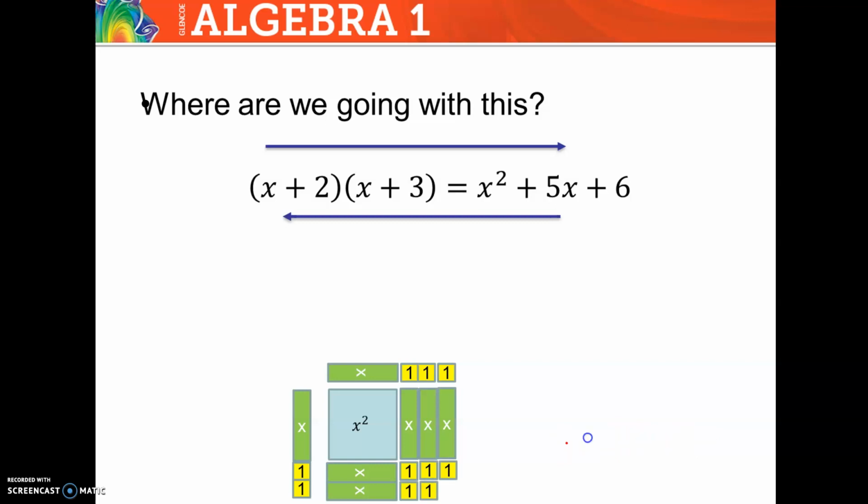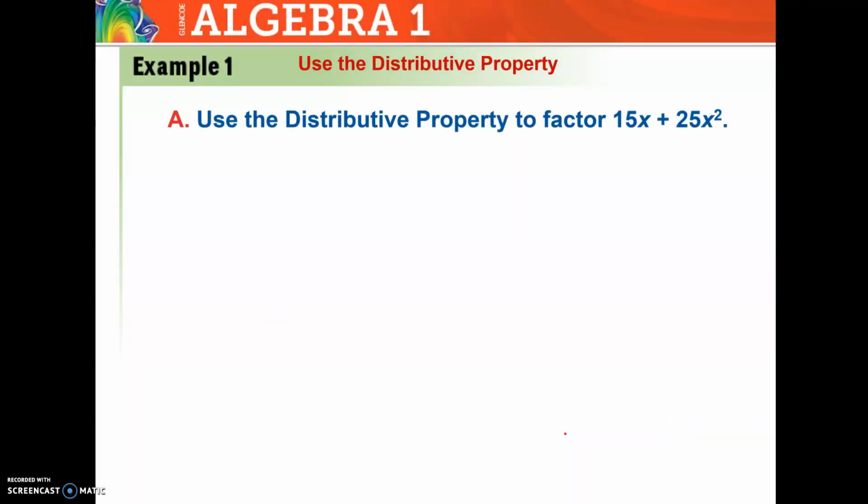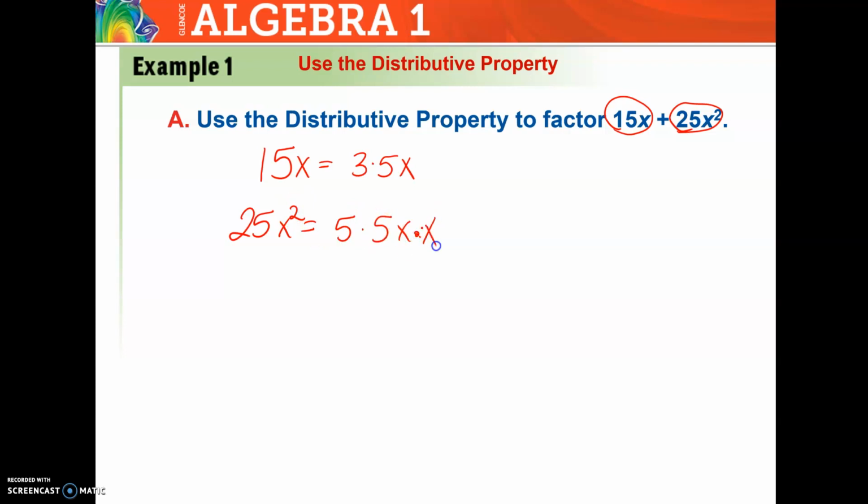Now we're going to look at both of these terms and we're going to factor them. So 15x would factor into 3 times 5 times x, and 25x squared would factor into 5 times 5 times x times x.